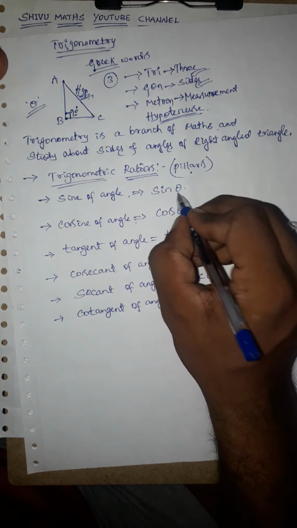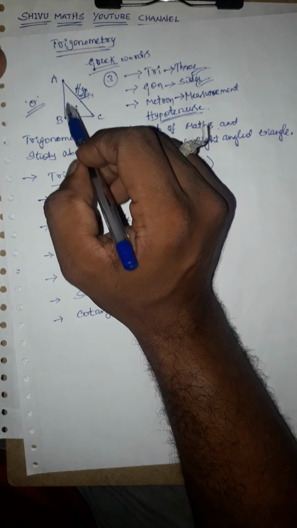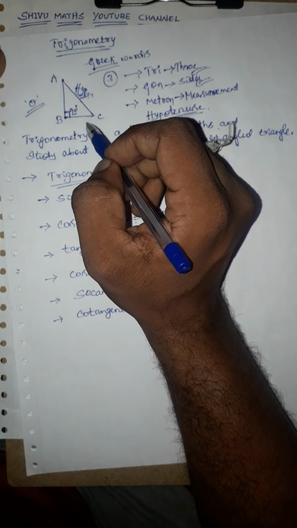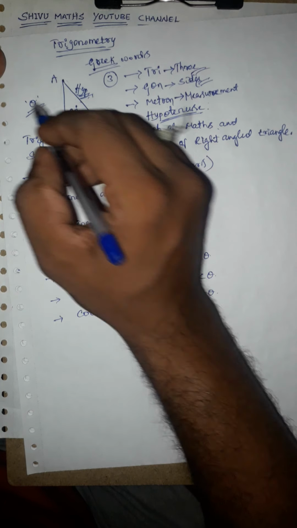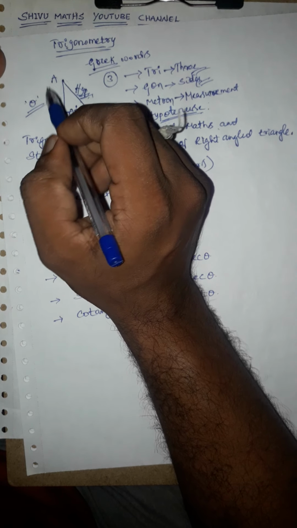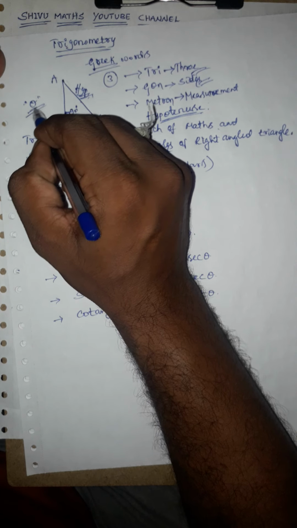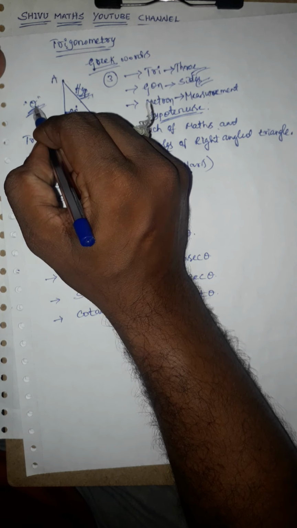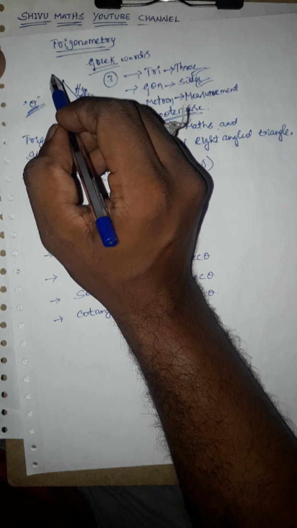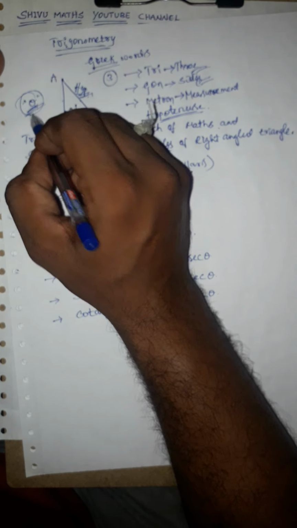Here theta means the reference angle. In the right angle triangle, we mark any one acute angle, that is theta. Theta is a Greek letter denoting the reference angle or marked angle. The other two sides depend upon the reference angle theta.